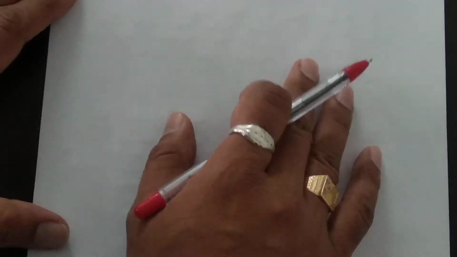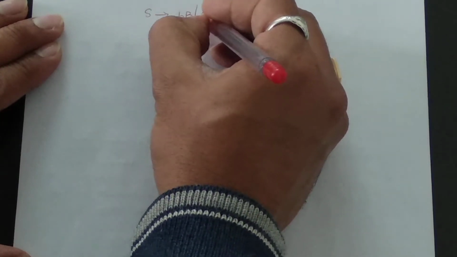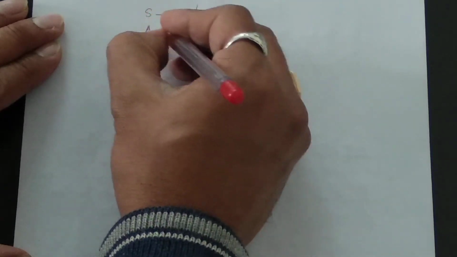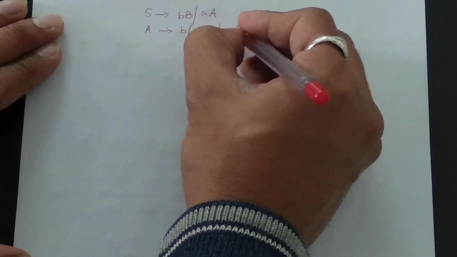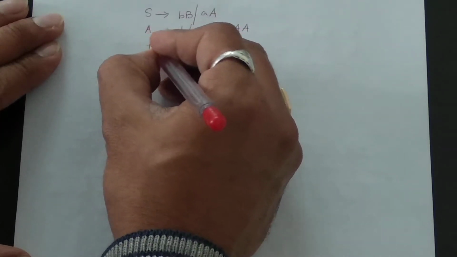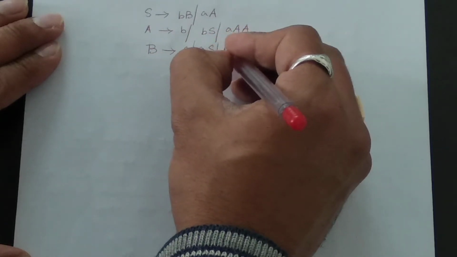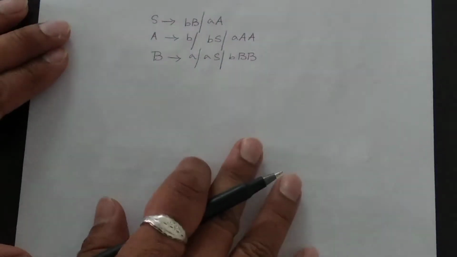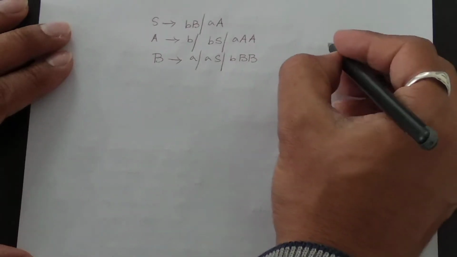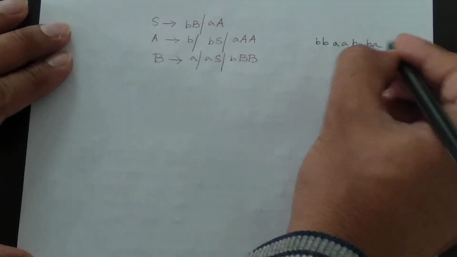The problem says: S tends to BB, AA; A tends to small letter b, small letter bS, small letter a, capital letter A, capital letter A; B tends to a, small letter aS, small letter b, capital letter B, capital letter B. So these are the productions that I have right now, and I have to derive the string b b a b a b a.